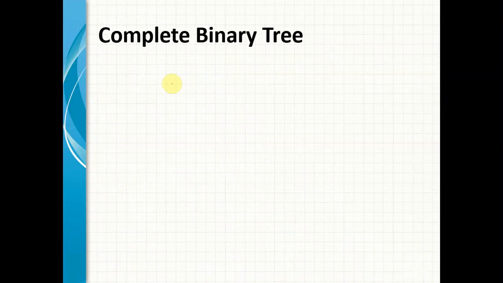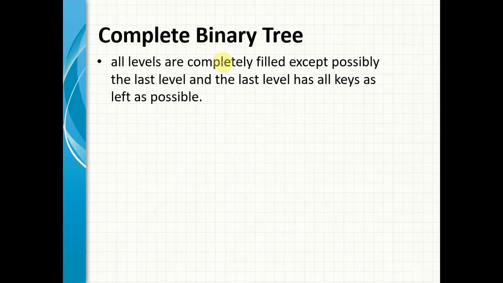And another idea is called a complete binary tree. A complete binary tree means that all levels are completely filled except possibly the last level. And the last level has all keys as far left as possible.